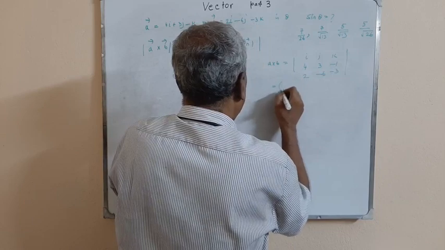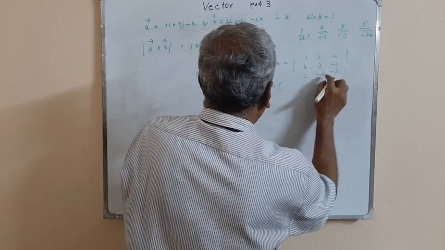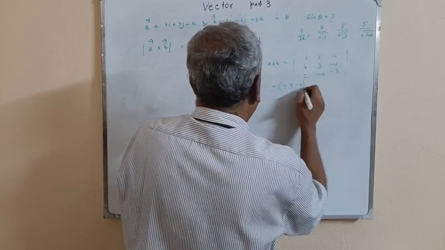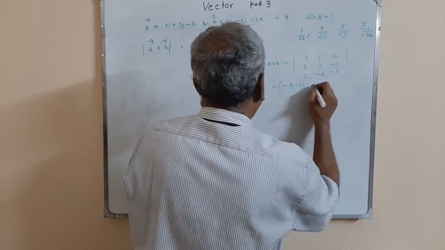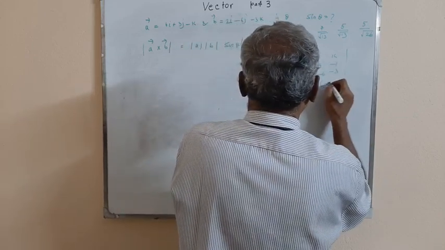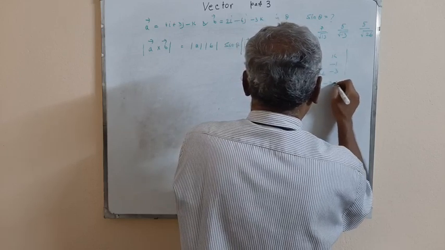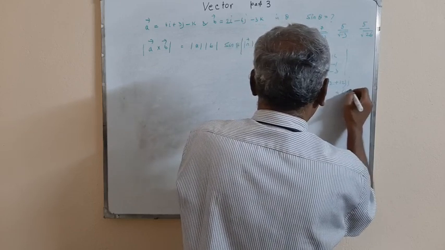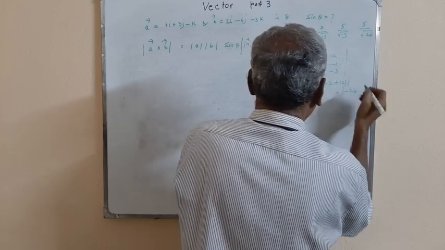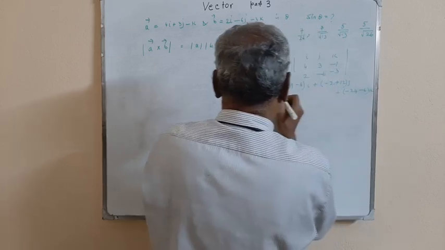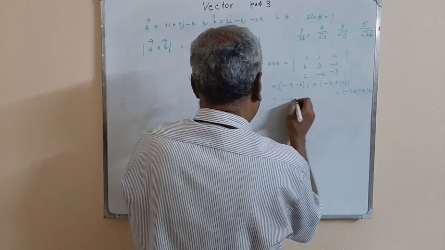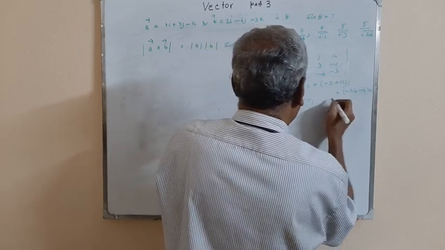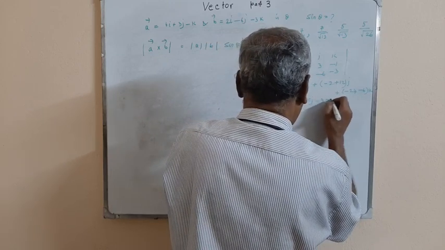So that it is equal to minus 9 minus 6, that is minus 15i, then plus, it is minus 2 plus 12, that is plus 10j, plus minus 24 minus 6, that is minus 30k. So it is minus 15i plus 10j minus 30k.